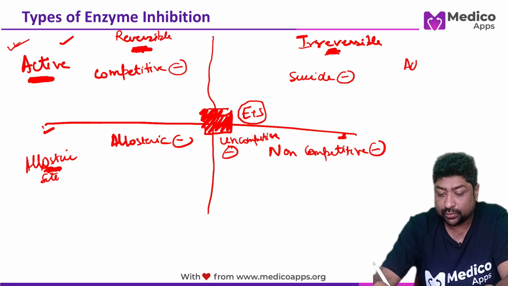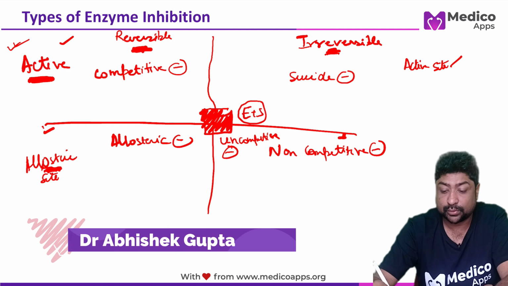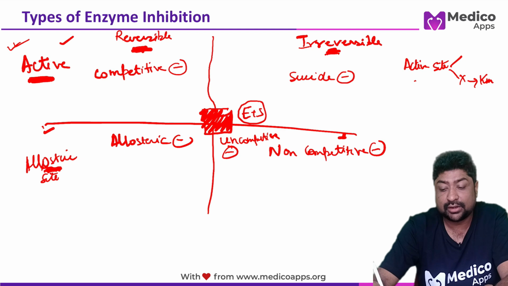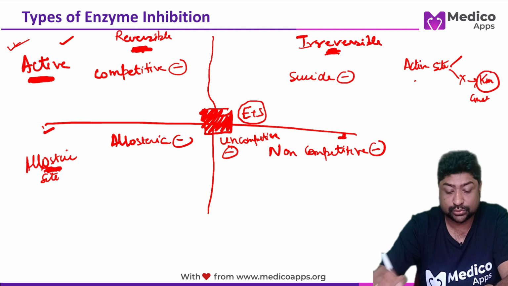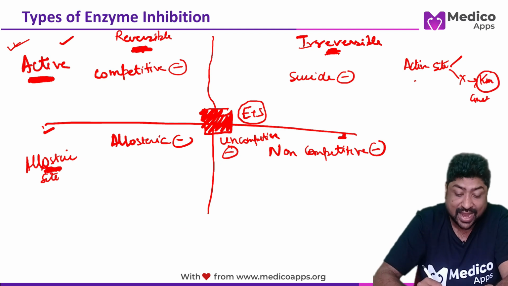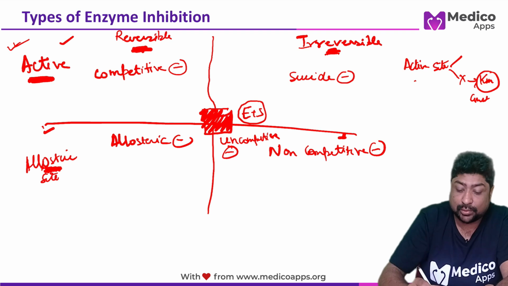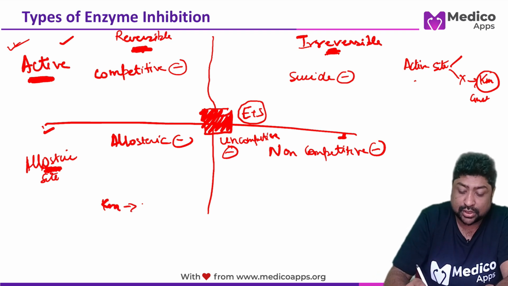If it is not acting on the active site, the Km value will remain constant. So for all the inhibitors which are acting on the allosteric site, the Km value will not change.